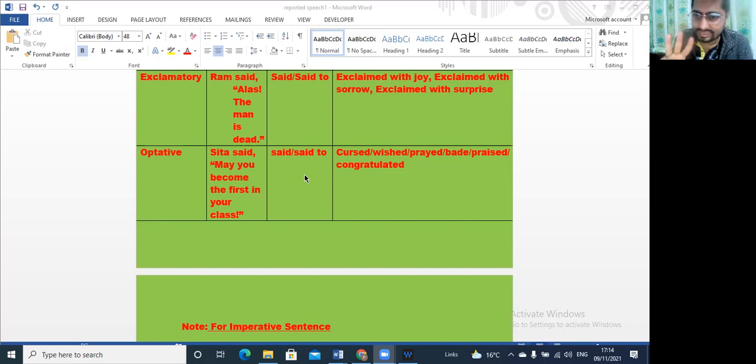Three matters must be included in an exclamatory sentence, and this kind of sentence ends with an interjection sign, the exclamatory sign. This sign is said to be the exclamatory sign or interjection sign. It shows the emotions of joy, sorrow, or surprise.